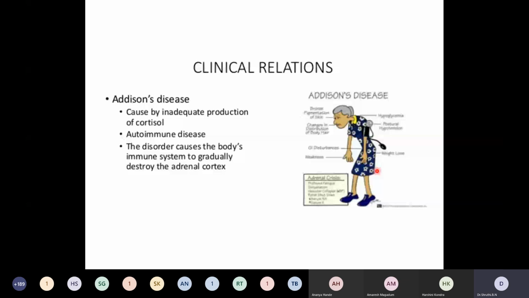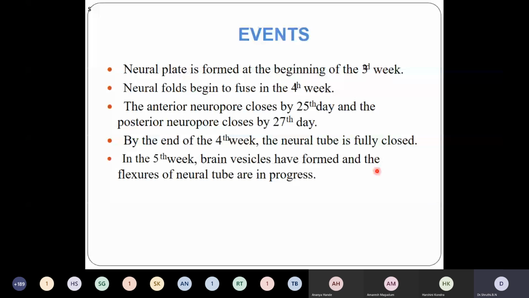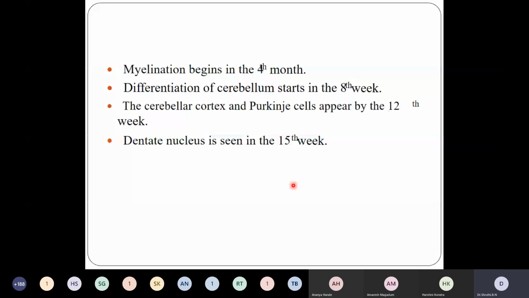So that finishes the development of the nervous system, pituitary gland, and the endocrine glands like pituitary and adrenal gland. To sum up, we studied that the neural plate is formed at the beginning of the 3rd week, neural folds at the 4th week, anterior neuropore closes at the 25th day, posterior at the 27th day, and the neural tube is fully closed at the 4th week, and in the 5th week brain vesicles have formed with flexures.